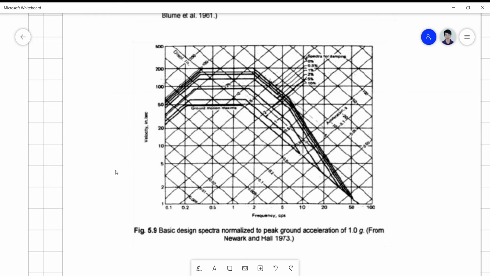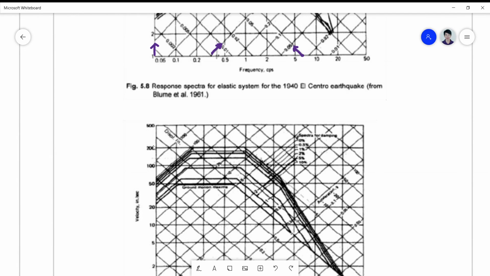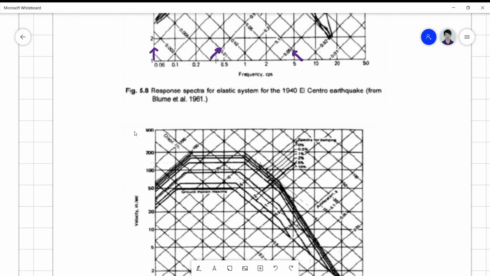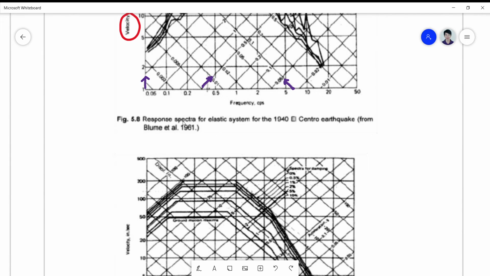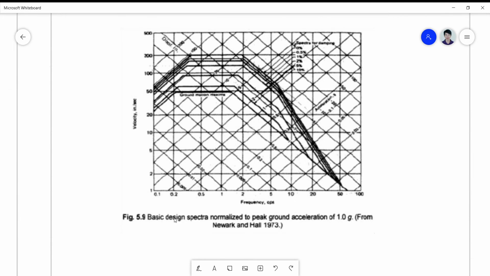We have also a design spectrum graph, and they are commonly normalized. So kung ito actual, no? So response spectrum ito, actual values, ito tawag dito is normalized design values.